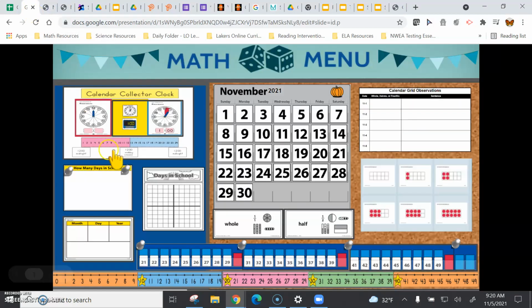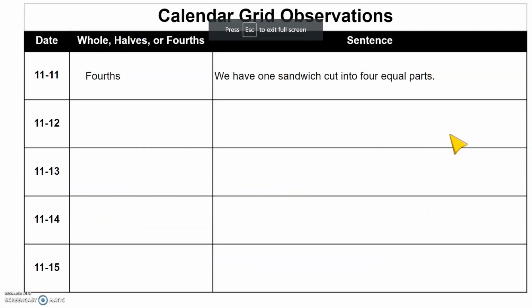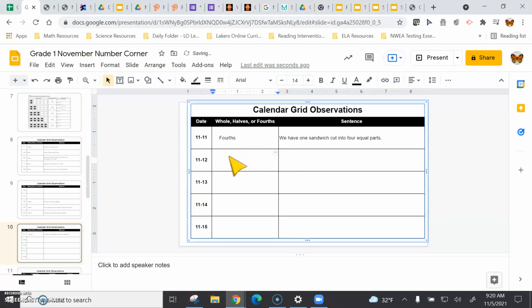Let's add that information to our calendar grid. We've had a lot going on with our calendar grid. So we had fourths.